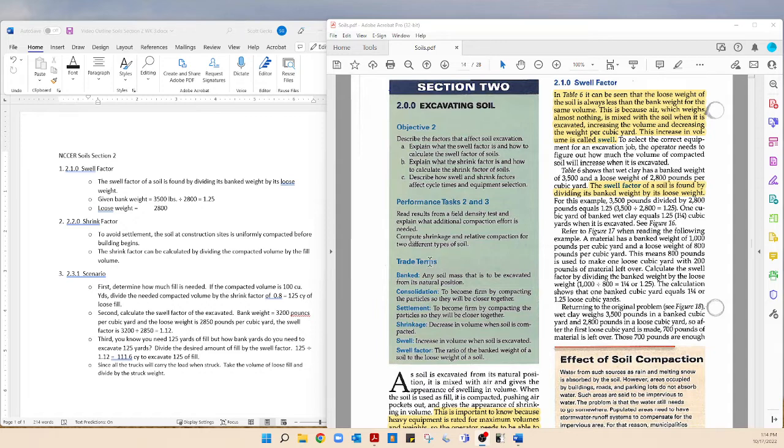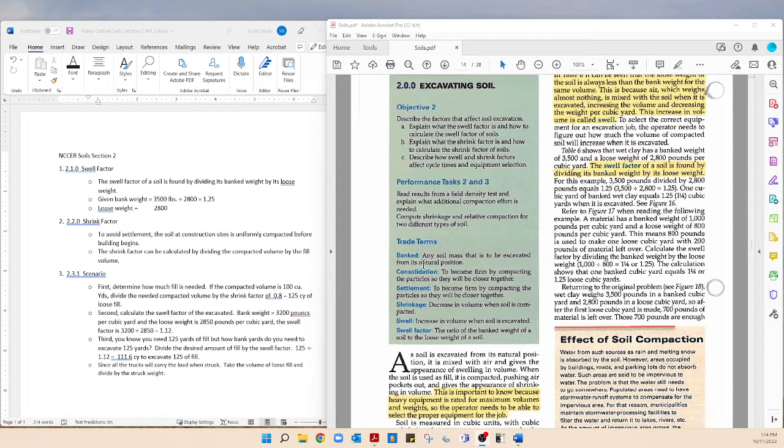So we will compute shrinkage and relative compaction for two different types of soil. That might be something we can get done while we're either in Georgia or Oklahoma City, wherever your representative campus is.